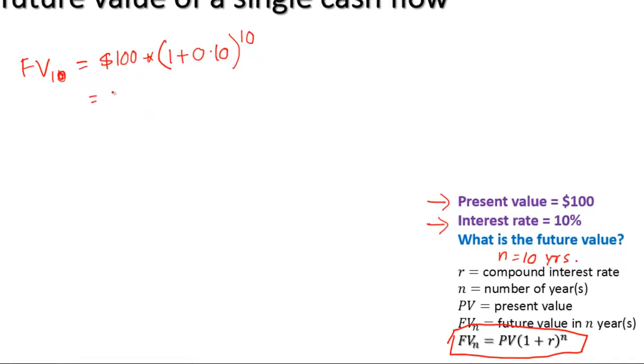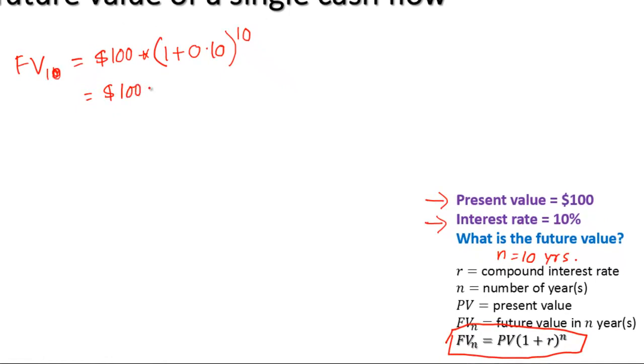From here we can find that $100 times 1.10 to the power 10 is equal to 100 times, now I need a calculator. I have already done it in the calculator. So the value is 2.5937. This is the value of 1.1 to the power 10.